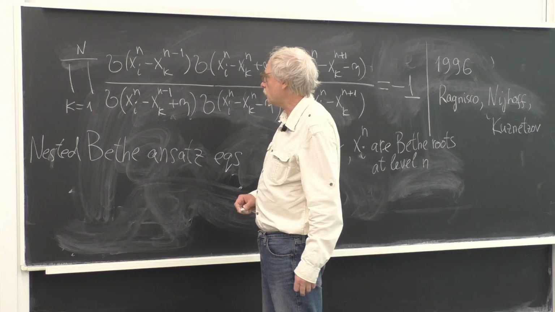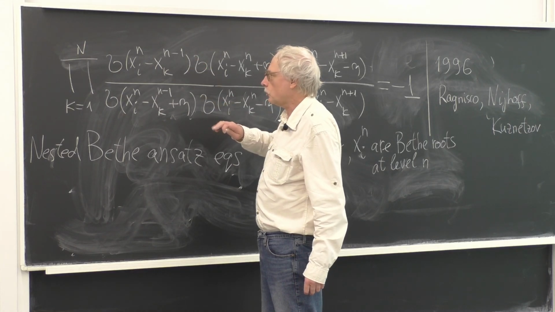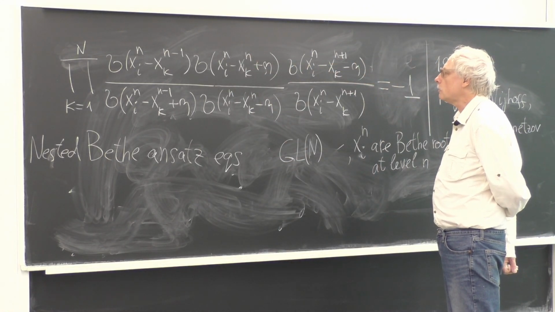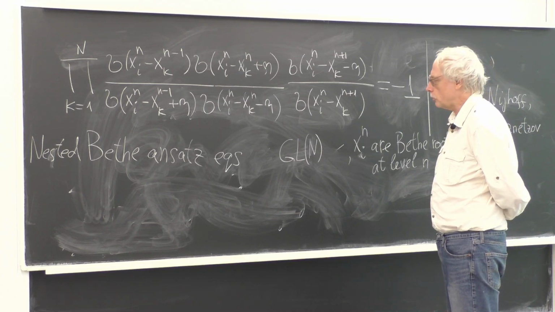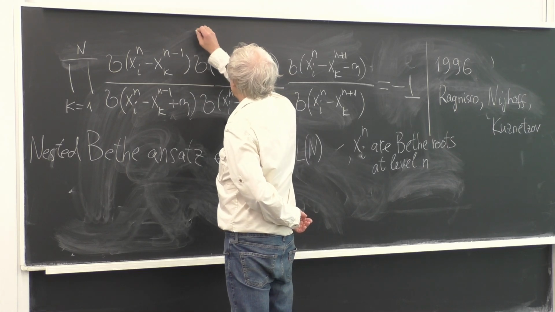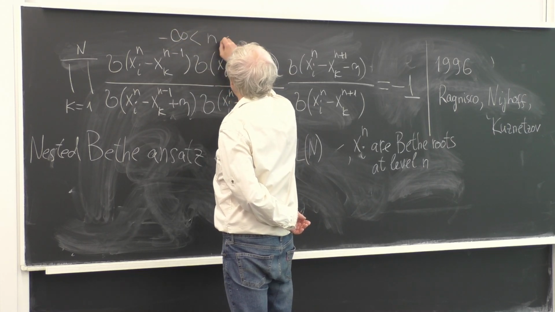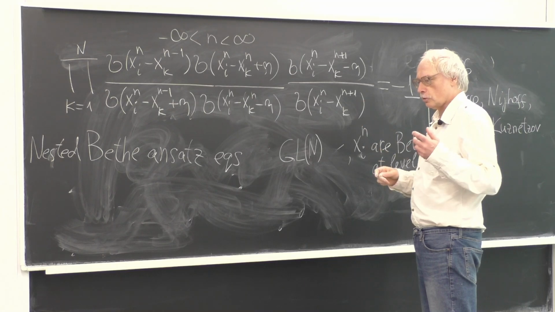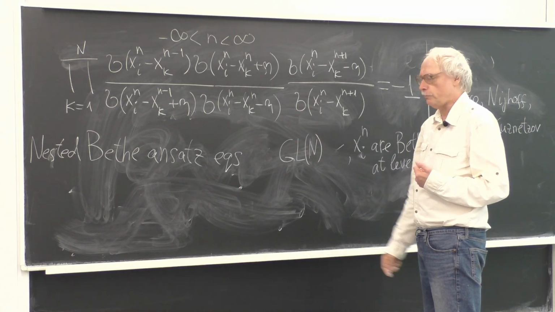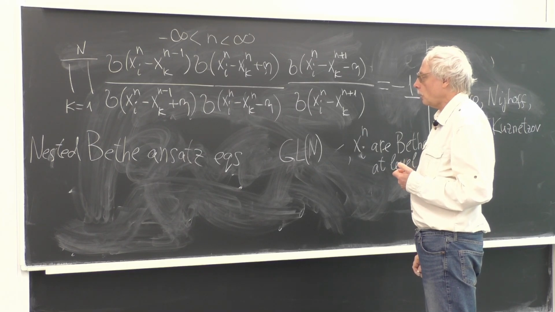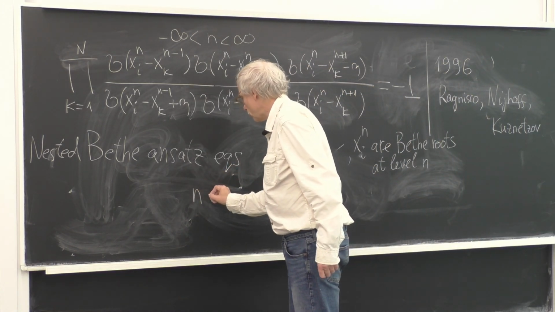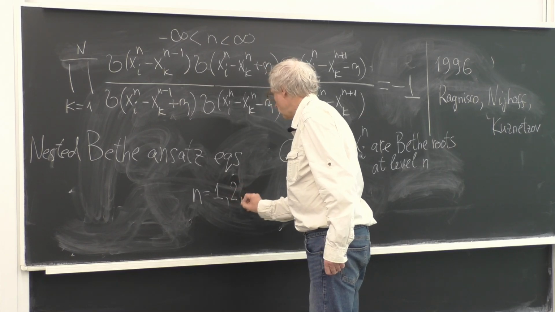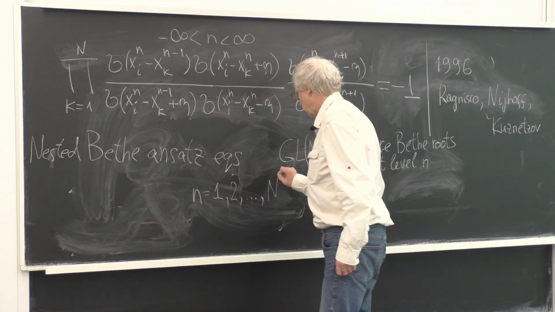The first difference is that here, in the Ruijsenaars-Schneider model, the index n can take any integer value from minus infinity to infinity. So this is an infinite chain. However, in Bethe-Ansatz equations, n takes only a finite number of values, 1, 2, up to N.